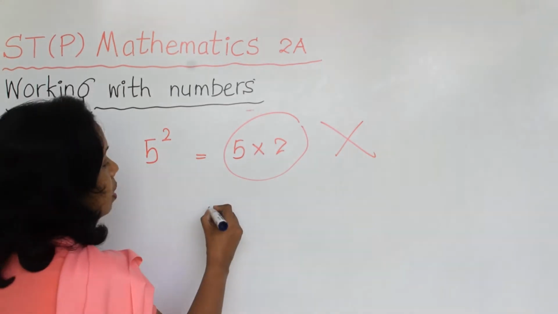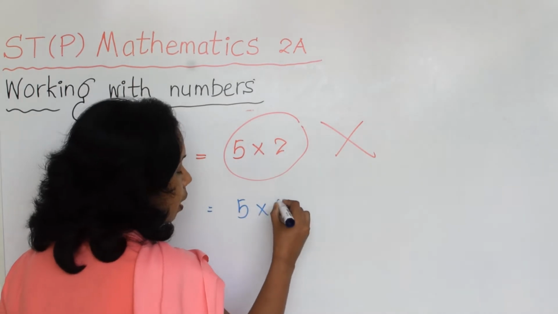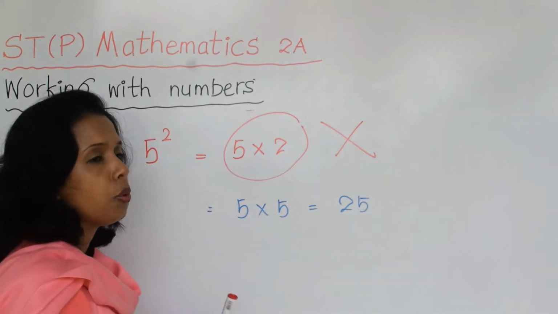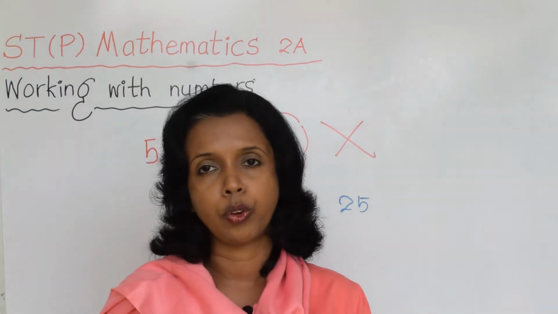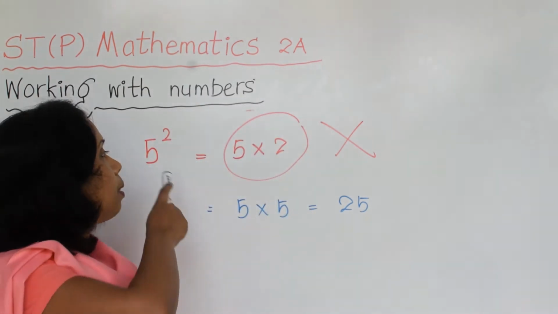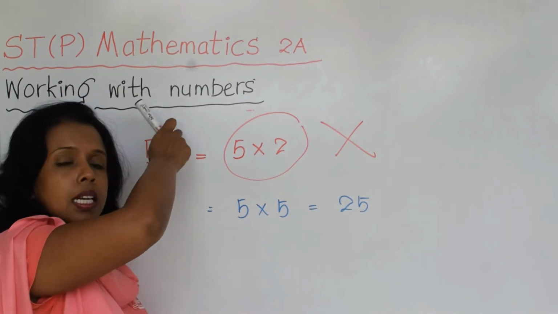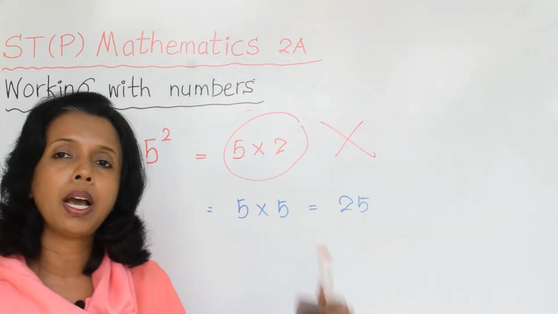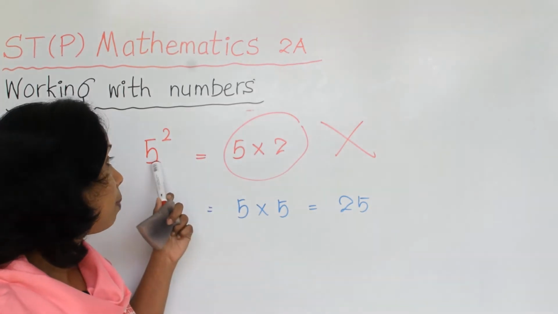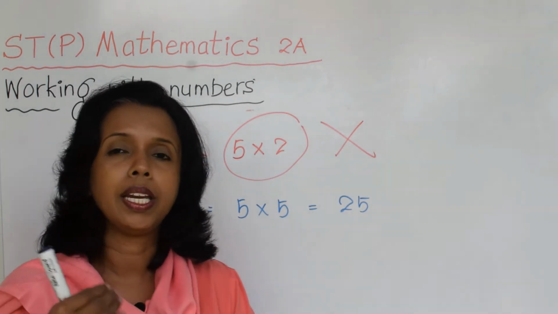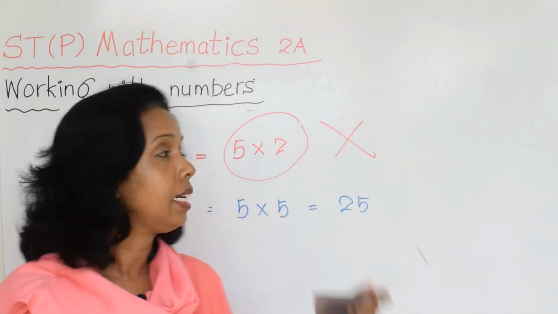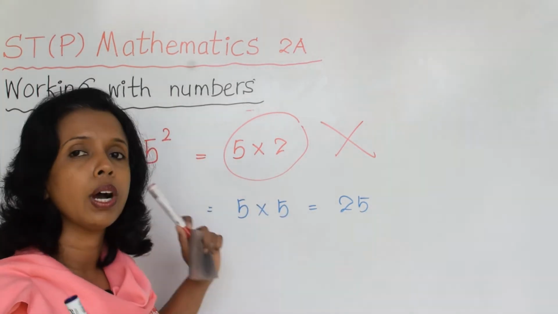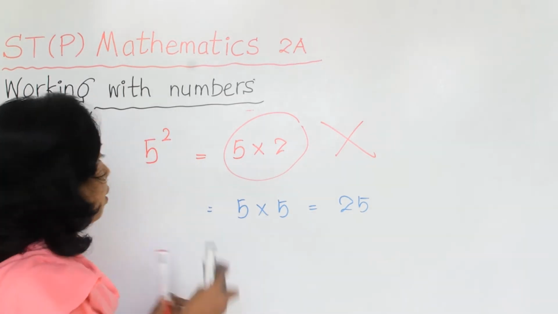How can I write it? 5 times 5, right? So the answer is 25. Hope you have an idea about this. So when you have this index form, this is the base, this is the index. This index tells us to multiply the given base how many times. Here number 2 tells you to multiply the base value 5 2 times, right?